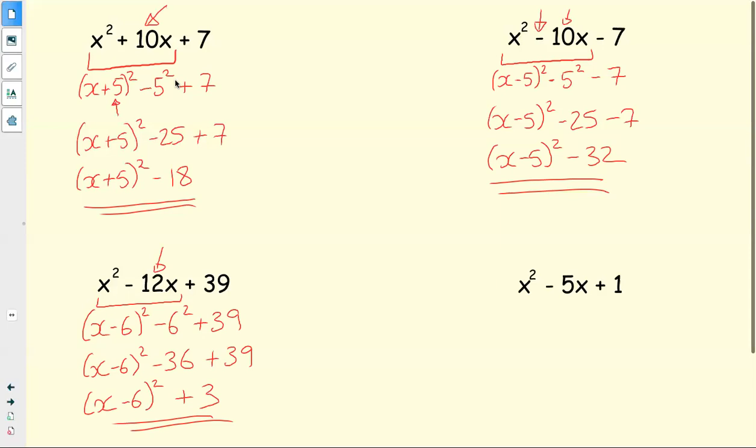This part here. You're really halving this number here. Don't get confused if it's not an even number. You're still halving it, so it becomes x, subtract, you can leave it as a fraction, 5 over 2 all squared, subtract 5 over 2 all squared, add 1.